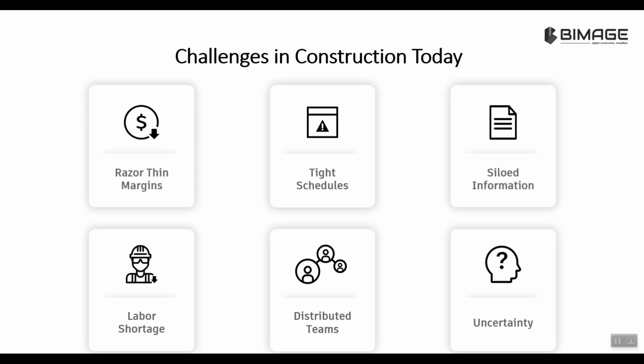There is a shortage of labor. When I say labor, we can consider mainly skilled labor. Then the teams are distributed. Some teams are working on their local servers, some teams are working in their silos, some teams are working remotely, and there is so much uncertainty because of all these challenges in our construction industry in day-to-day life.